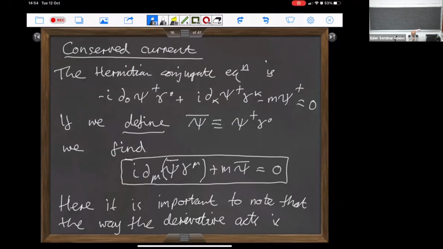And now the way this is written, it doesn't look like the appropriate covariant form. We have to take another step because of this gamma zero here.